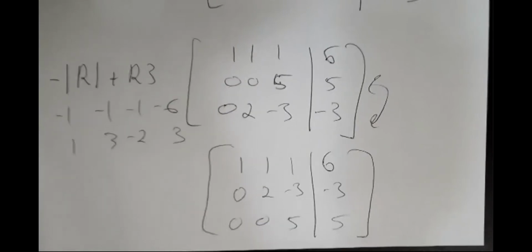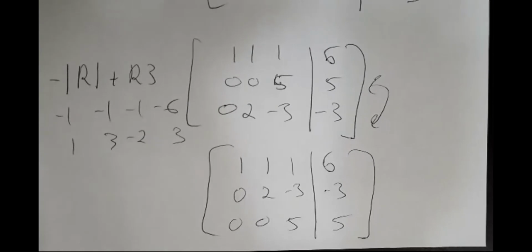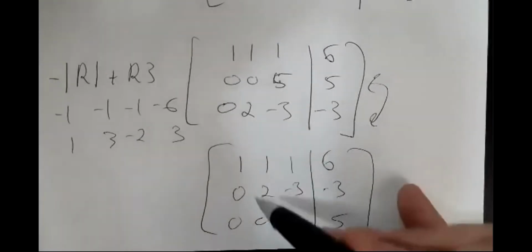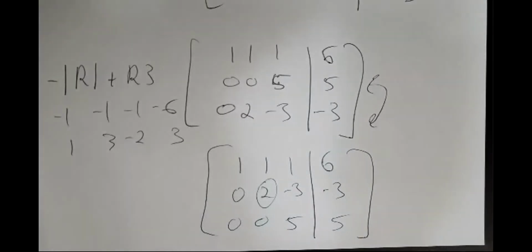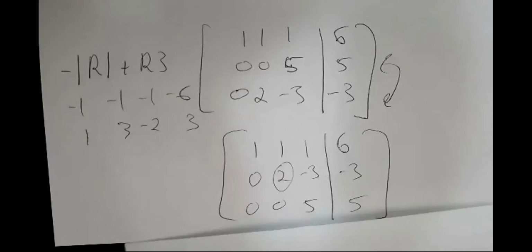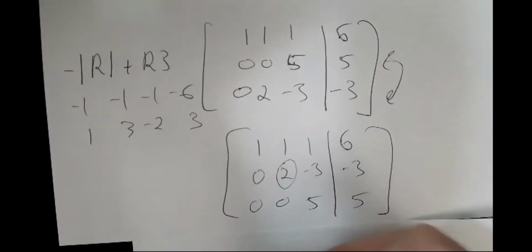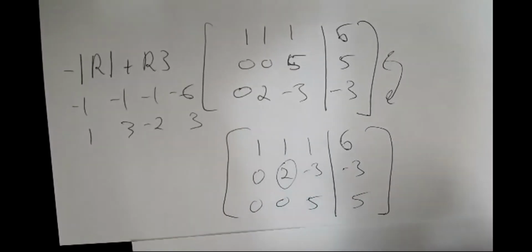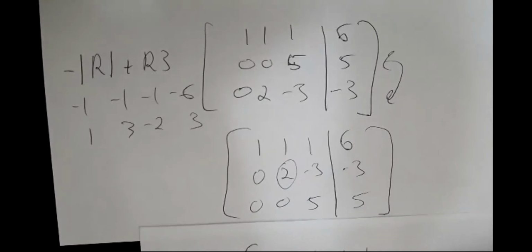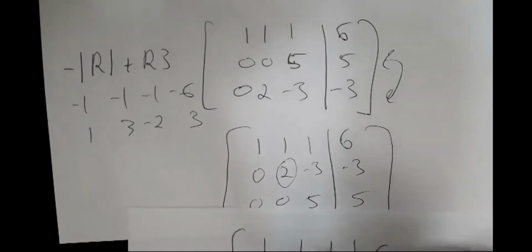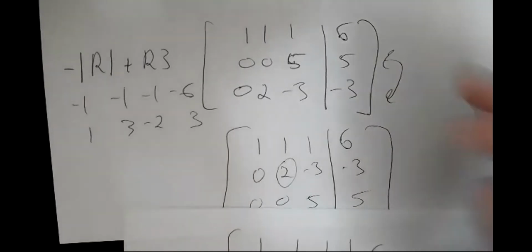Okay. So I got my 1, I got my 0s below it. I need to get my 1 right there. How do I get a 1 right there? Divide by 2. So everything in that row gets divided by 2. 2 gets divided by 2, it's going to be 1.